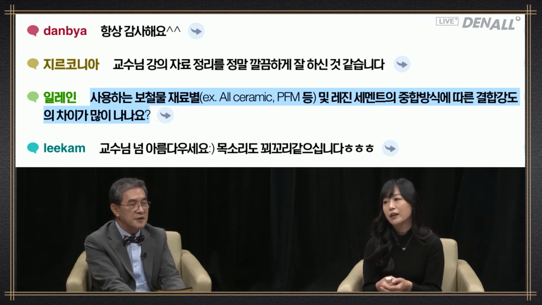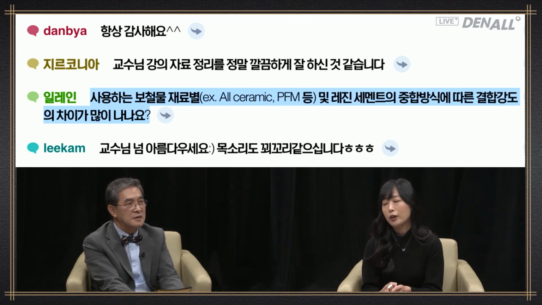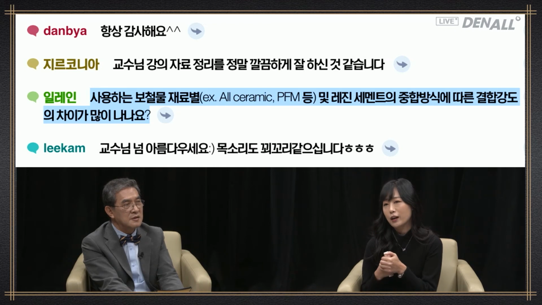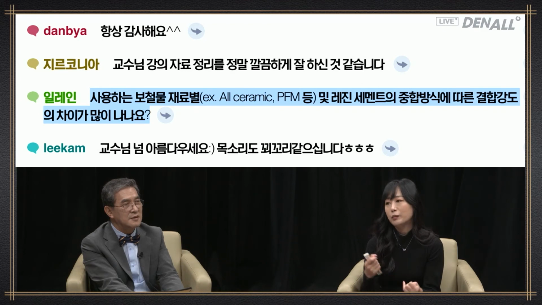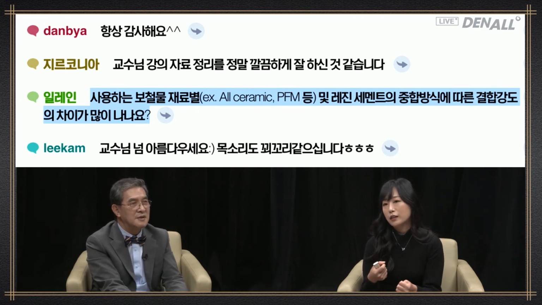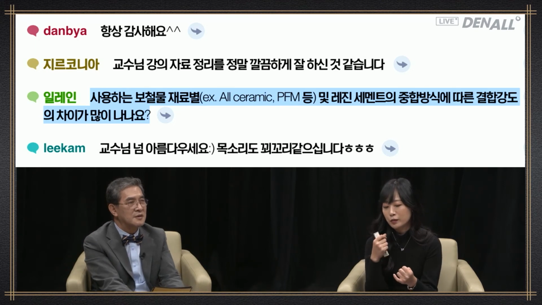The best is metal crown, metal or PFM crown, followed by gold alloy, and then ceramic. Zirconia is the worst, and glass ceramic is preferred after gold. So metal, glass ceramic, and zirconia. This is the order of the strength in cementation.